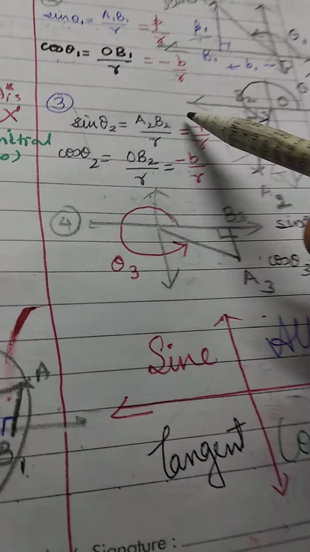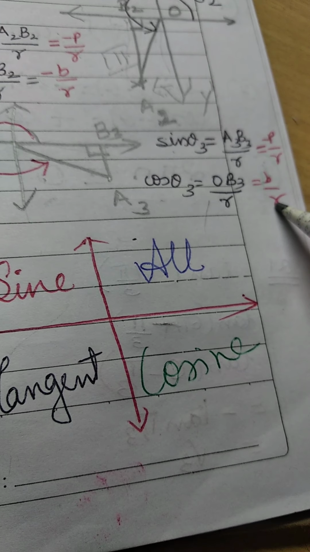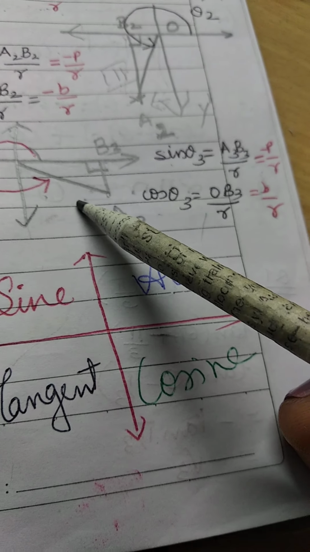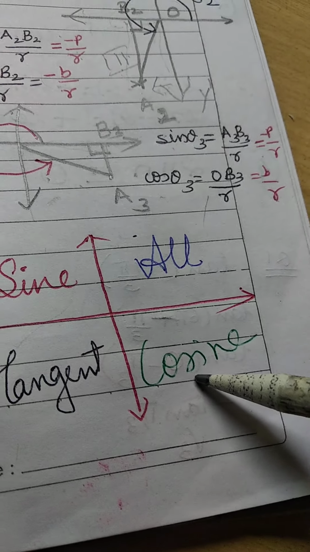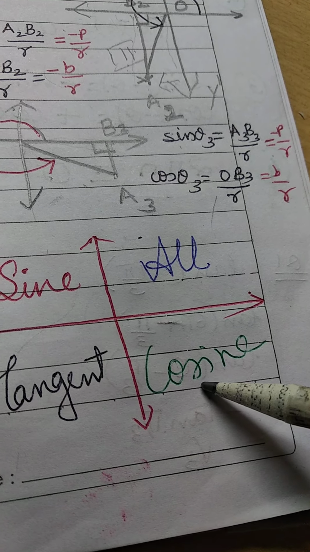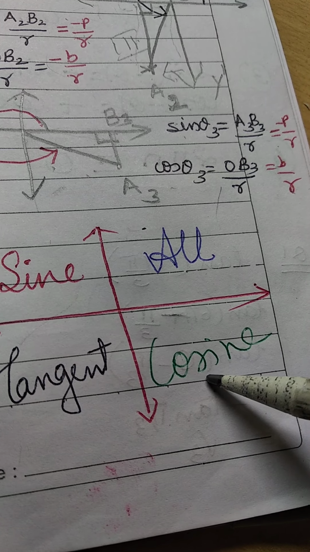Now for the angle in the fourth quadrant, the sine ratio is measured in the negative y-axis direction, and the cosine ratio is measured in the positive x-axis direction. So the sine ratio is negative, the cosine ratio is positive. In the fourth quadrant, it's the cosine ratio that's positive, and hence secant.